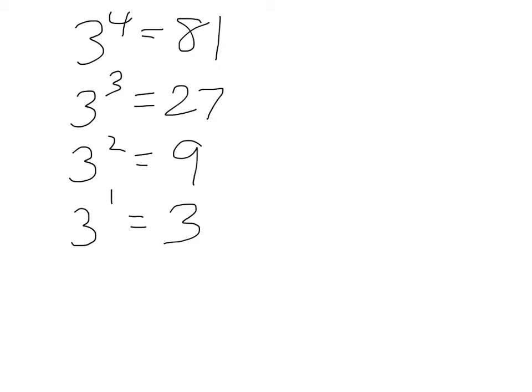Can we come up with something a little more generic that I could use for any pattern? As the exponent decreases, the answer is divided by 3, since it's the same multiplied, but you're just taking one away.